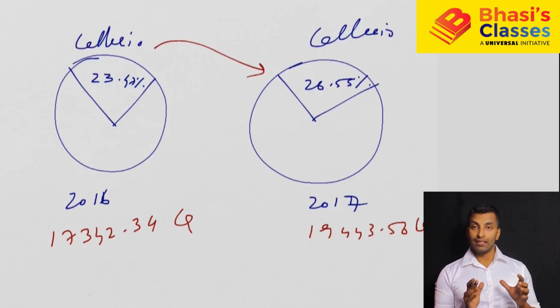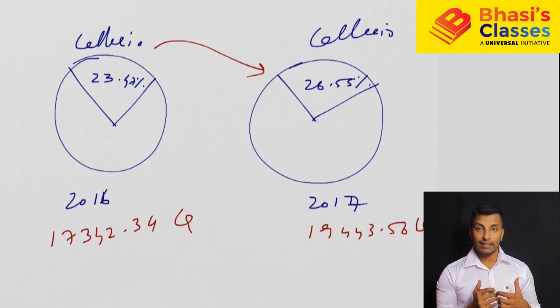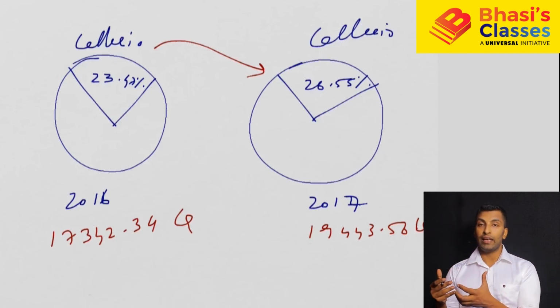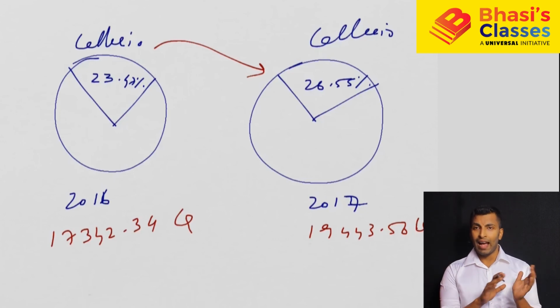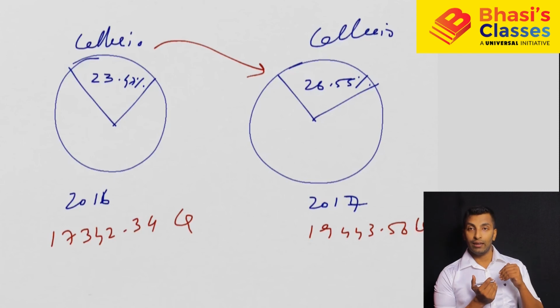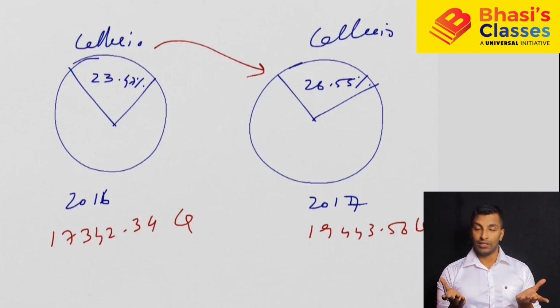So what is the change from year 2016 to 2017? What we need to find is what is the revenue from Celerio in 2016 and what is the revenue from Celerio in 2017, and what is the absolute change in that, divided by the year 2016 revenue, and then you'll get the percentage.